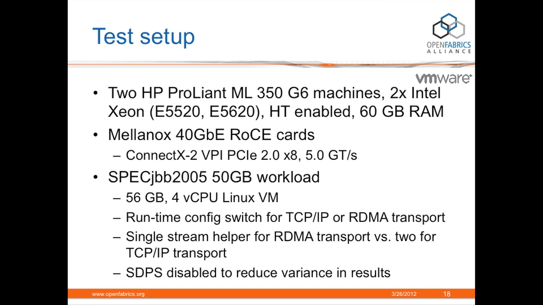The host has 2 quad-core processors, so with hyperthreading enabled we had 16 threads of execution on the physical host, and we created 4 vCPU virtual machines, just to have 12 CPUs to spare, if you will. So again, 56 gigabytes of virtual memory, so you still have 4 gigabytes left in your physical machine.